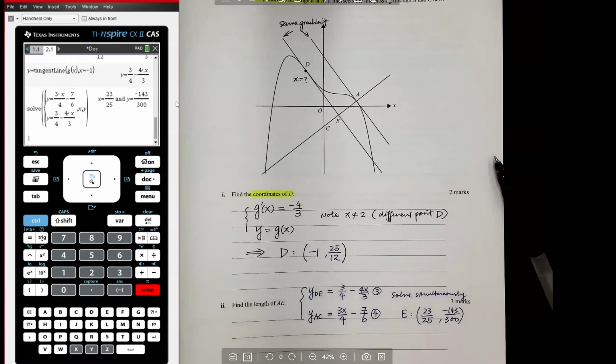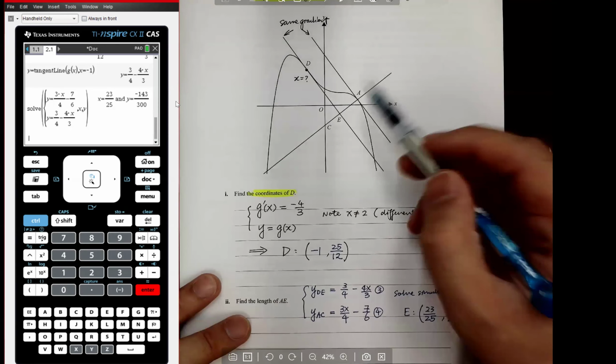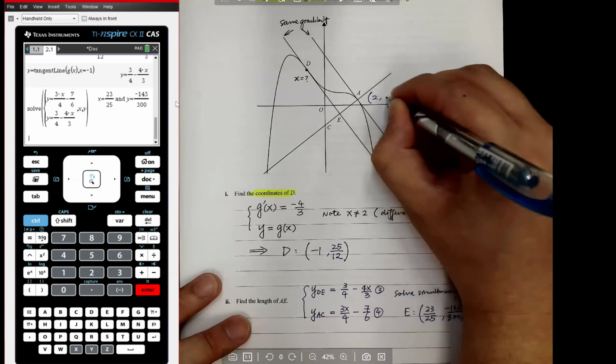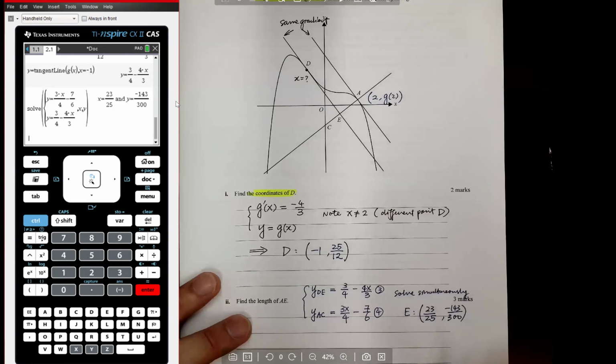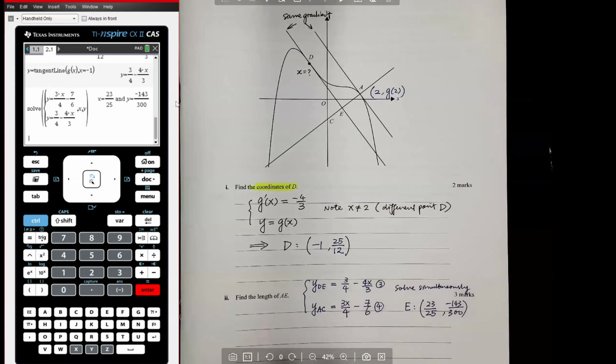A slightly larger number. And then the point A, we don't know the exact y value, but we can also say this is 2, g of 2. We can leave that because that is not the final item we want to find.